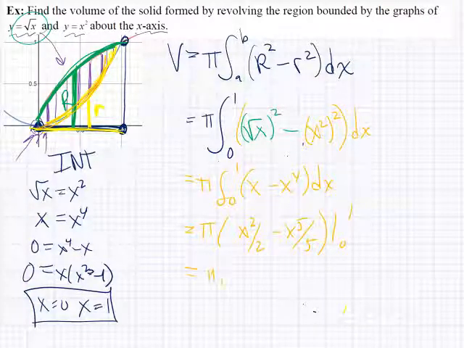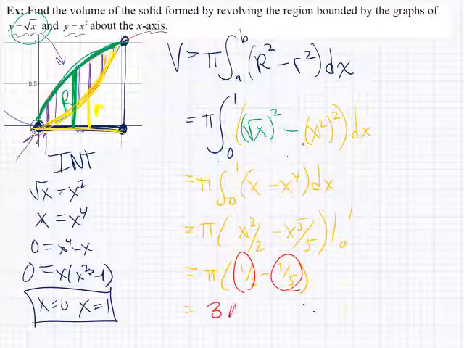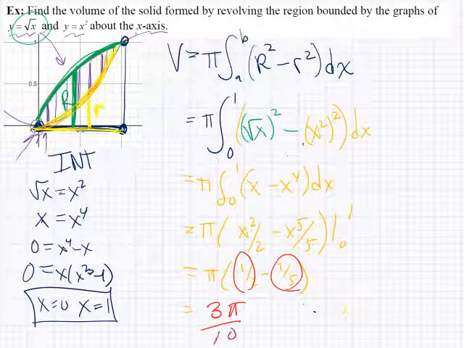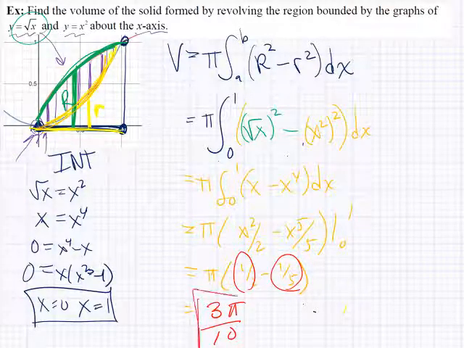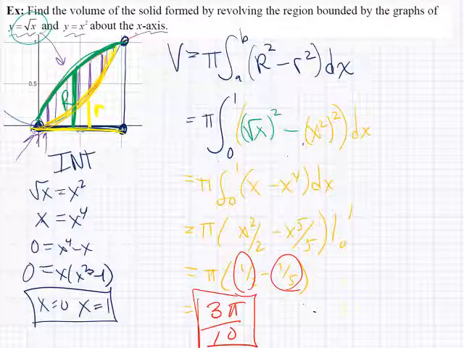So I get pi times 1/2 minus 1/5. Switch those both to tenths: 5/10 minus 2/10, so 3 pi tenths is going to be my answer. So the volume that we would get of that weird looking bowl would be 3 pi tenths.